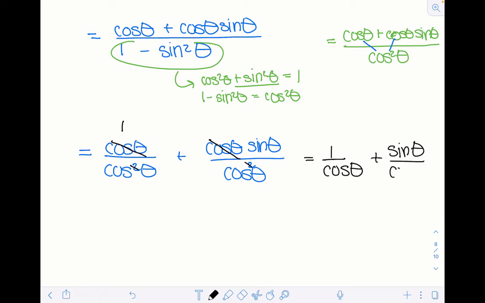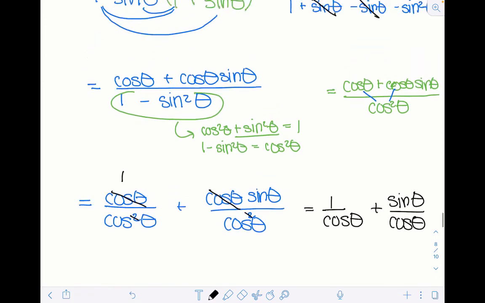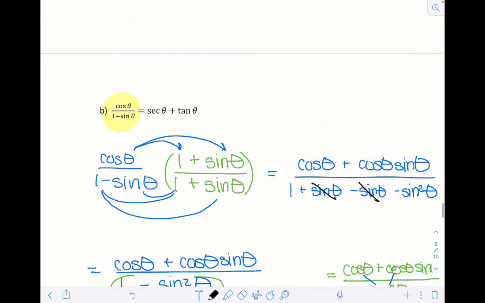sine over cosine. And so now let's see, what was the whole point of this again? Let's go back and look at the original problem. You can see that we're getting pretty close here. We have it separated into two terms, which is what we wanted. Now we can apply a reciprocal identity and a quotient identity to get to the final answer.